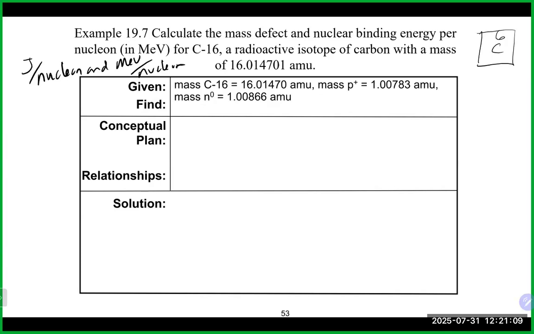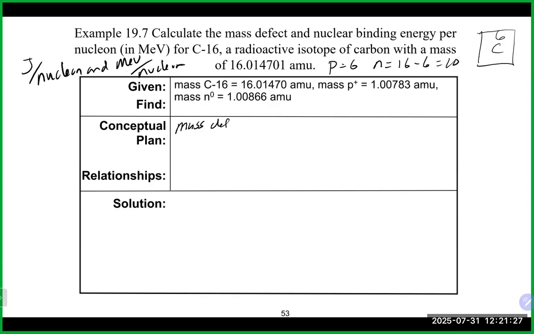That's its number of protons there. So carbon here in this case, which is carbon-16, the protons we would have 6. Our neutrons would be 16 minus 6, which would be 10. That again is necessary to calculate the mass defect, so we'll do that first.